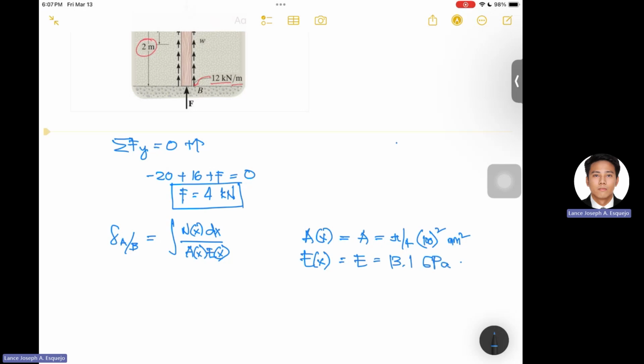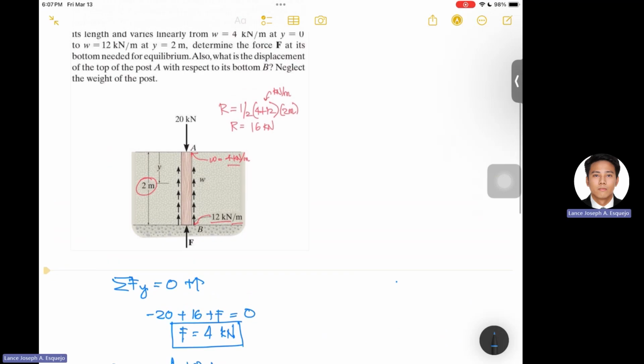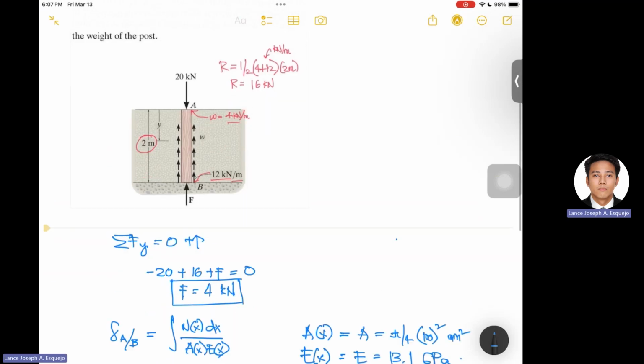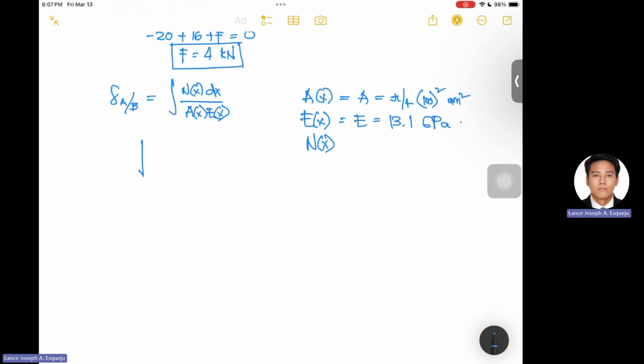And then next, for N of x, we cannot say that this normal force is constant because of the varying distributed load. So from here, let's rewrite. We have 20 kilonewtons applied to the post, and this is our post. And its length is 2 meters.